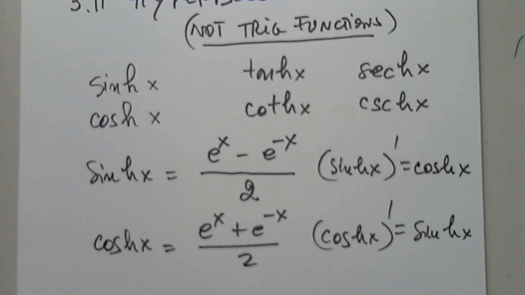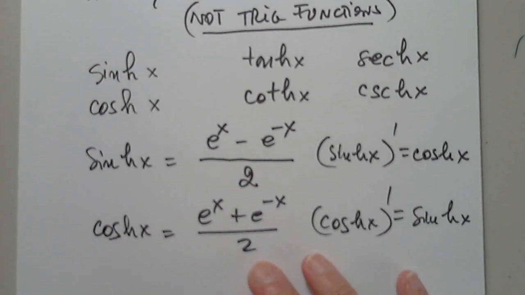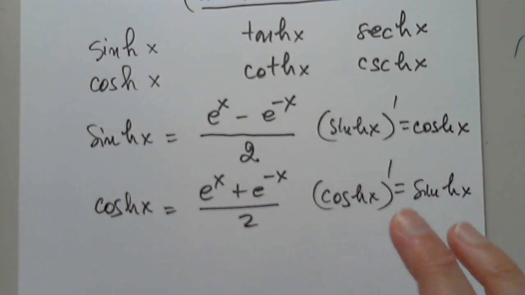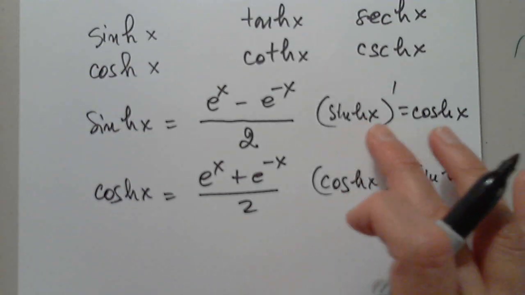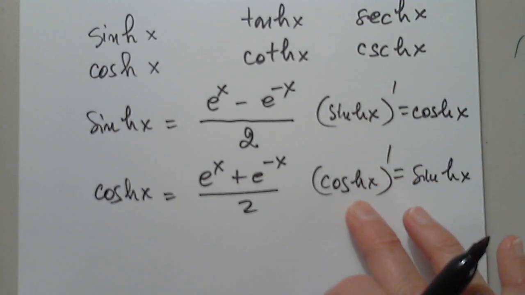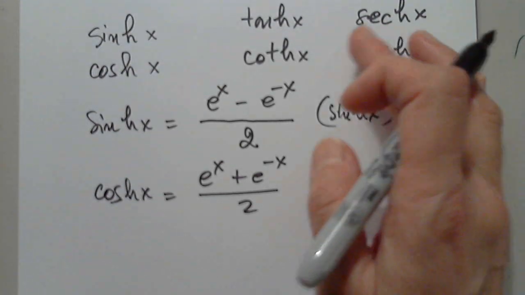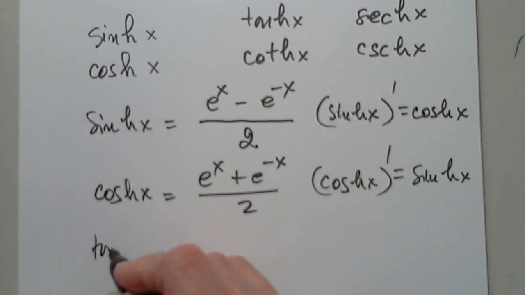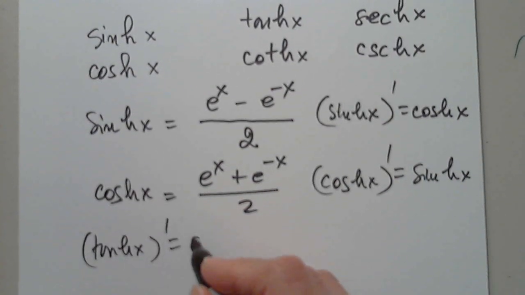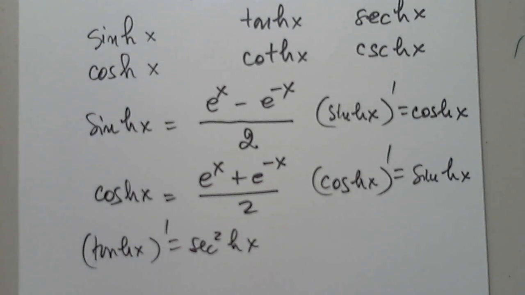So what are the rules? I'm not going to ask you for the inverse hyperbolic, but at least the derivatives of the regular hyperbolic functions. So sine prime is cosine, cosine prime is sine. Of course, tangent is the same: hyperbolic secant squared.